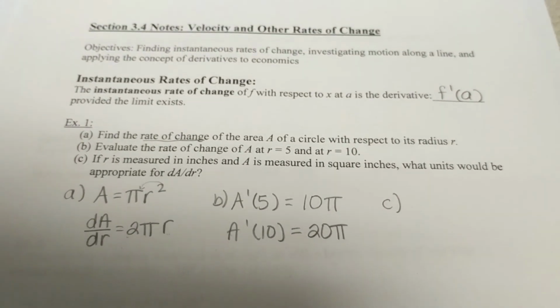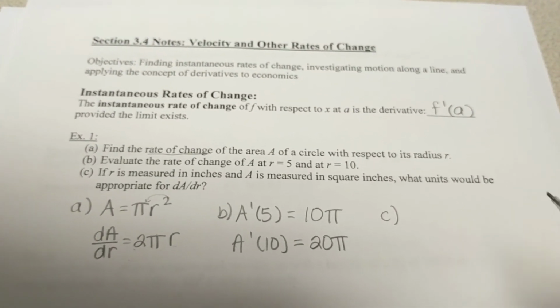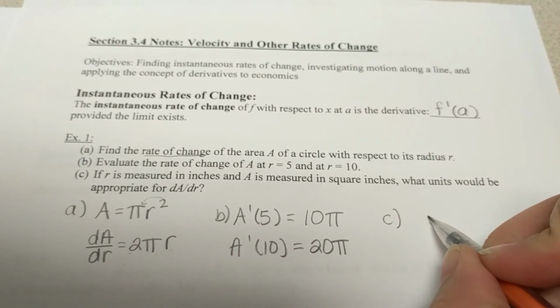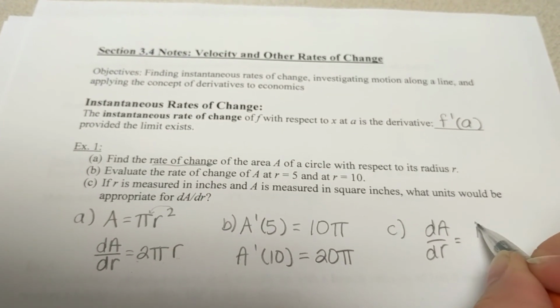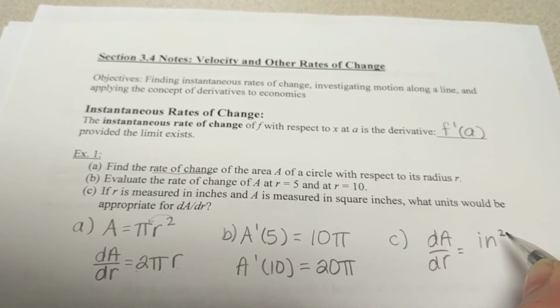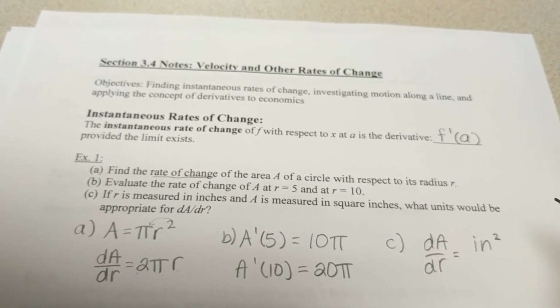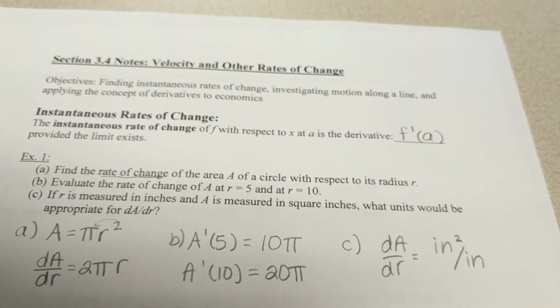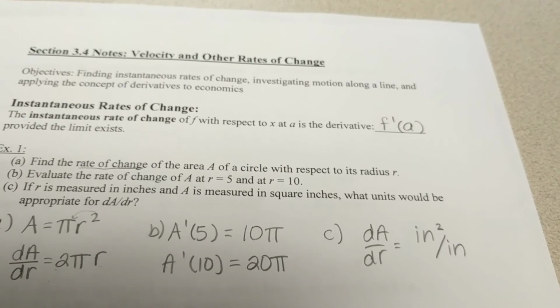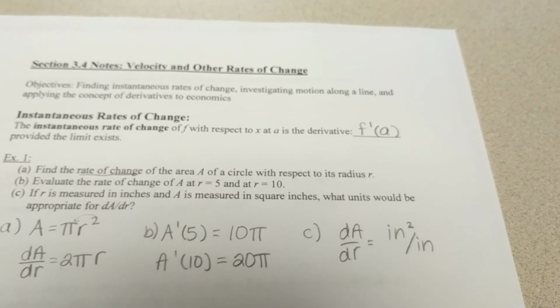So I want you to think about your area is in terms of inches squared. So I'm going to write it out, dA/dr. Area is inches squared. And then your radius is measured in inches. So it's inches squared per inch. It's kind of a fun unit.